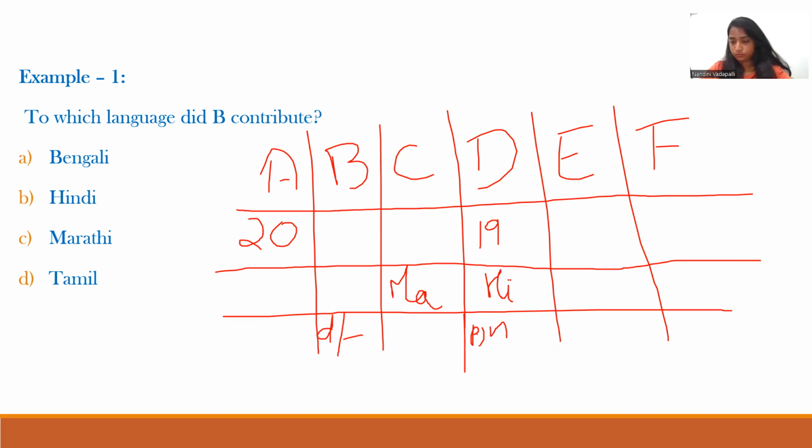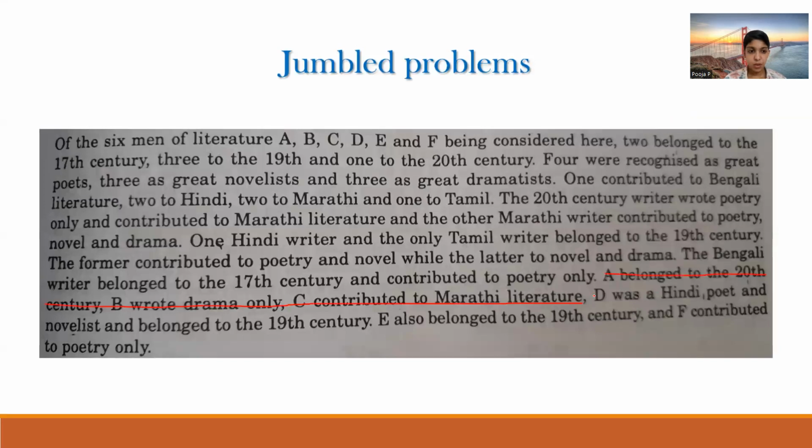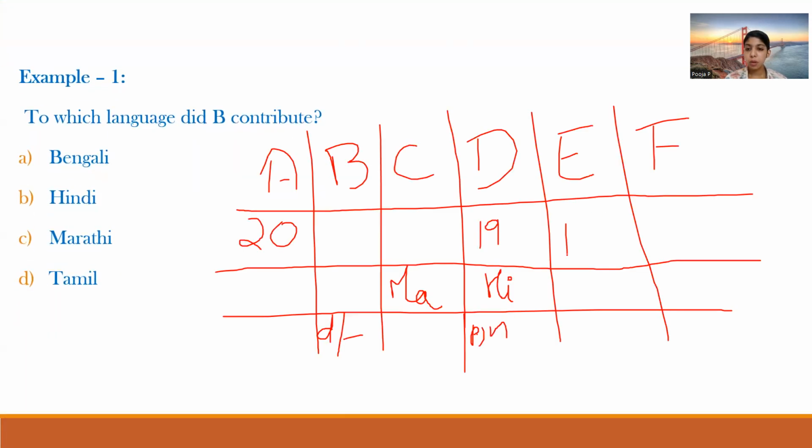So among two Hindi literature, one is done. And E also belonged to the 19th century. F contributed to poetry only. Okay, E belonged to the 19th century. F contributed to poetry only. Fine.